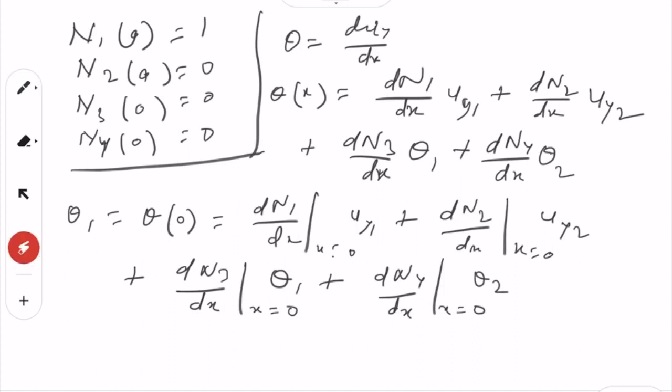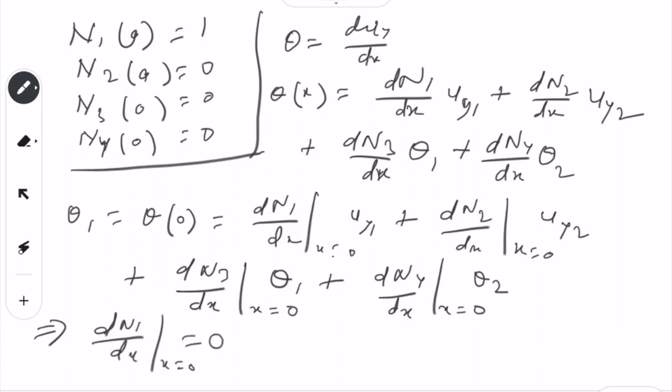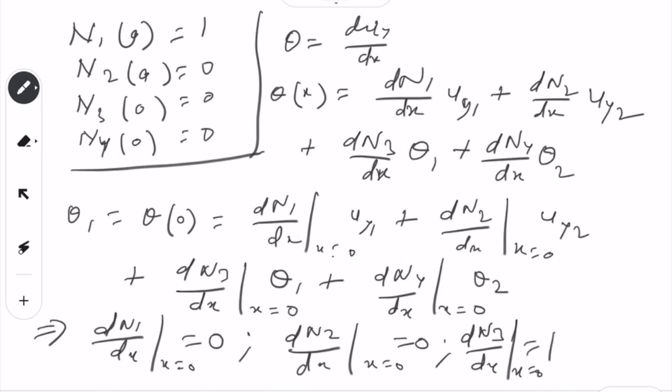Okay. And if this is true, theta 1 is equal like this one. So, then you know that this has to be 1, all others have to be 0. So, this only tells us that dn1 over dx at x equal to 0 has to be 0, dn2 over dx at x equal to 0 has to be 0, and dn3 over dx at x equal to 0 has to equal 1, yeah, from here.